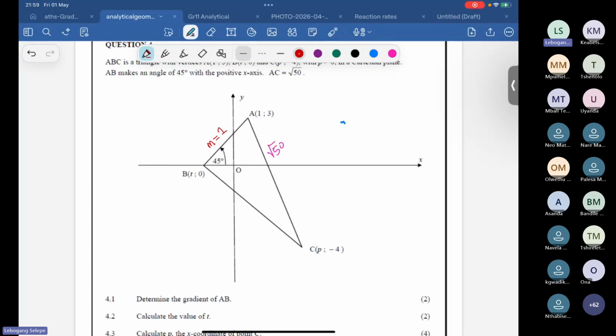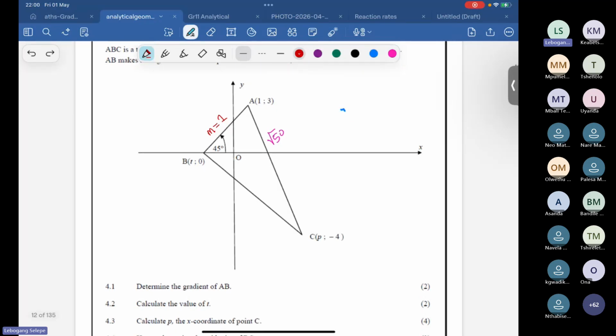We cannot use change in y over change in x because we don't have the value of t there. So that is preventing us from using coordinates. So the only way to get to the answer in this case is tan 45.